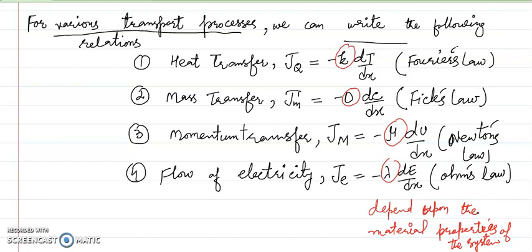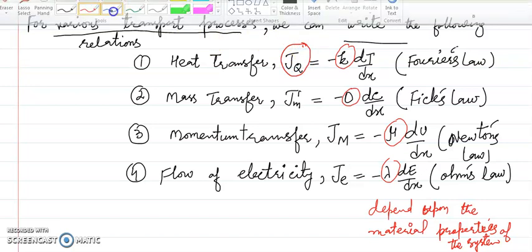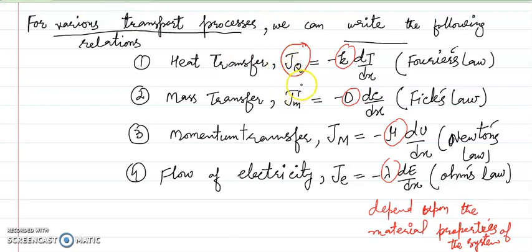And this J_Q here, the J_Q, J_m, J capital M and J_E, these are basically fluxes.